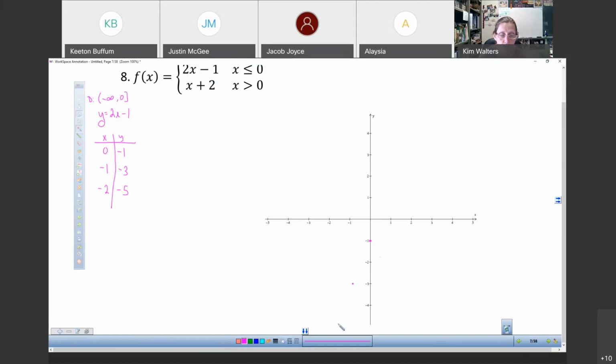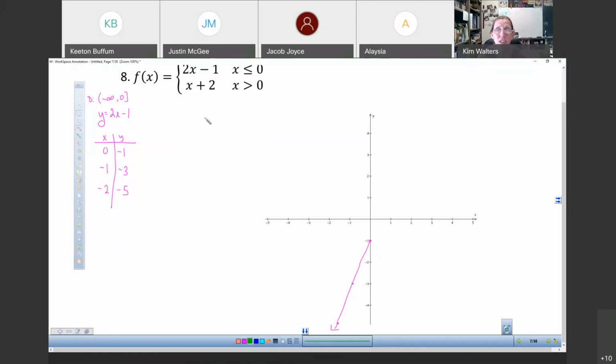I know that's kind of off my chart here, but we get the idea. And so my graph looks like this. Now it keeps going in this direction, but it does stop here. So this is this portion of my graph.